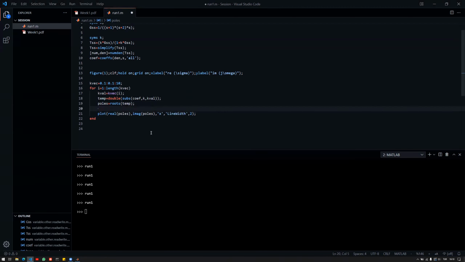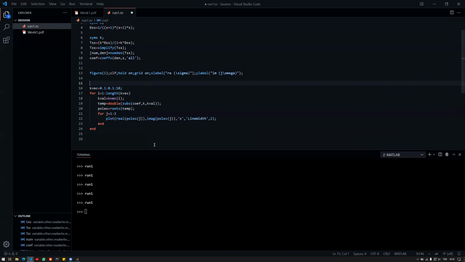Well, I need to know the order of the transfer function that I'm providing, but let's, for example, fix it here. It is a third order transfer function, therefore we will choose each pole on its own. Let's call it J here. And what I can do is I can also define a color vector here.